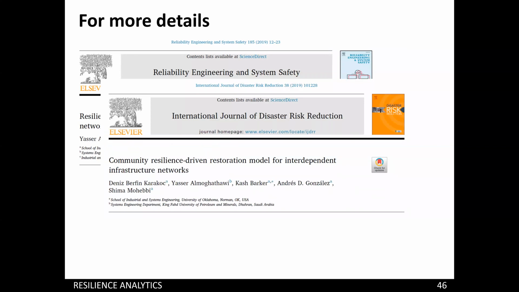We've got then the implementation of the social vulnerability index for the restoration model. And you see Andres Gonzalez, the other instructor for this course, involved in that. So that was the initial idea that we published in the International Journal of Disaster Risk Reduction back in 2019.